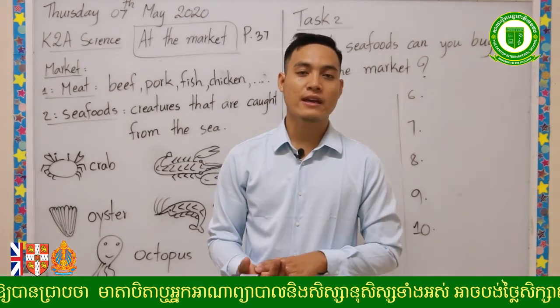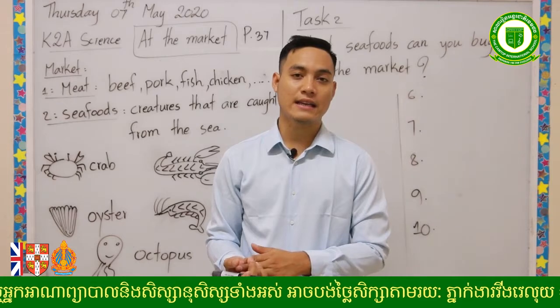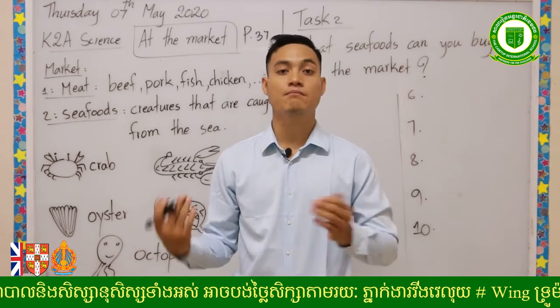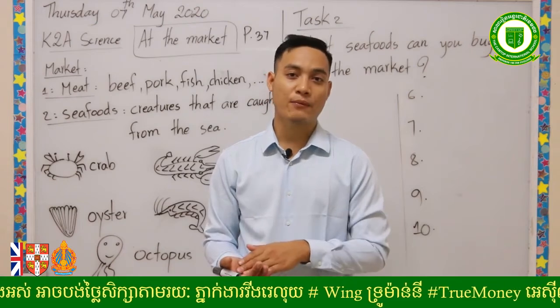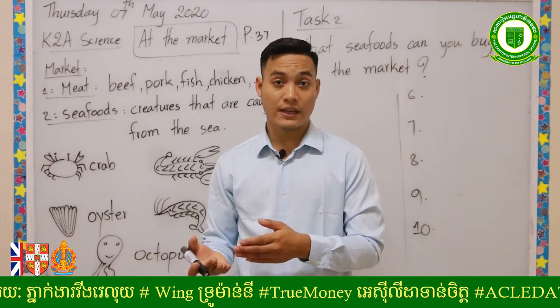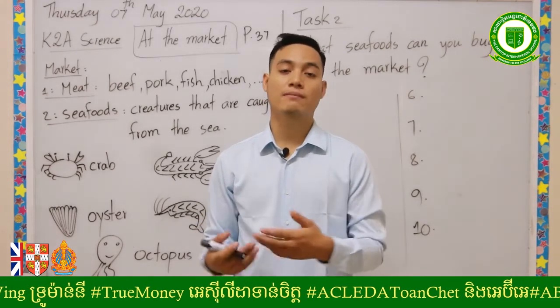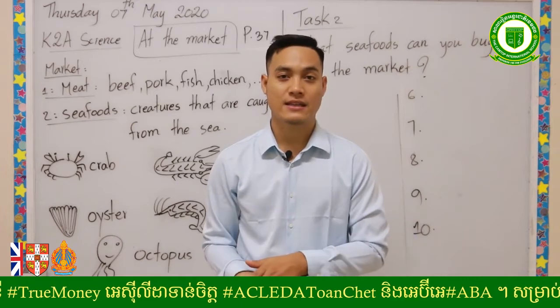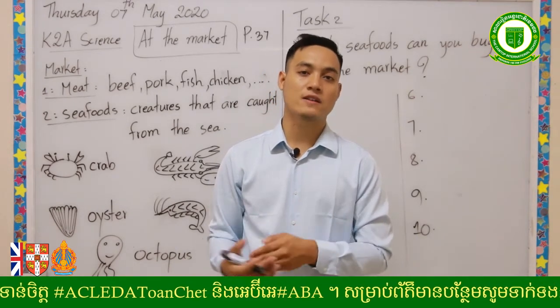We can buy different kinds of meat from the market, like beef, which refers to the meat of a cow. We can buy pork, the meat of a pig. And we can buy chicken, fish, or duck from the market. That's what we learned in the first video.